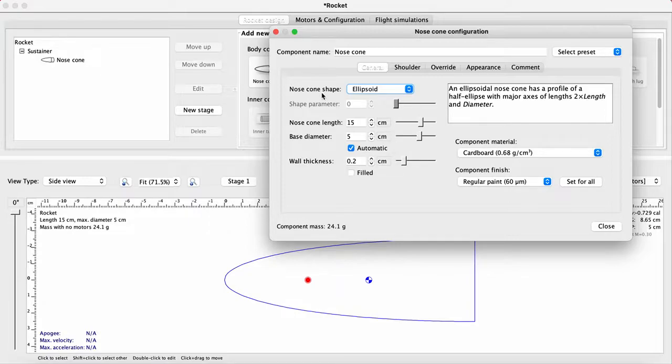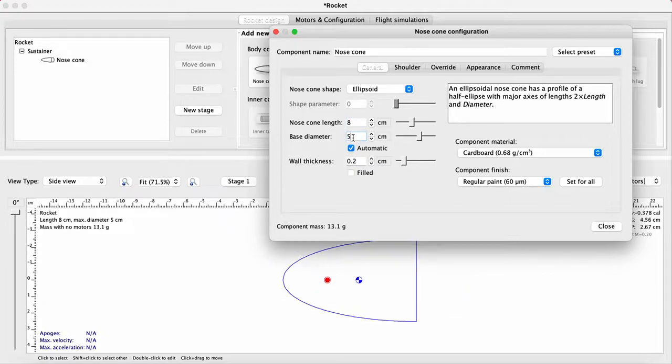Okay. And the length of 15 centimeters is quite long. What you're going to want to do is actually measure the length of the nose cone in your particular rocket kit. Okay. And I don't have one in front of me, so I'm just going to pick, let's say, 8 centimeters for fun. Okay.